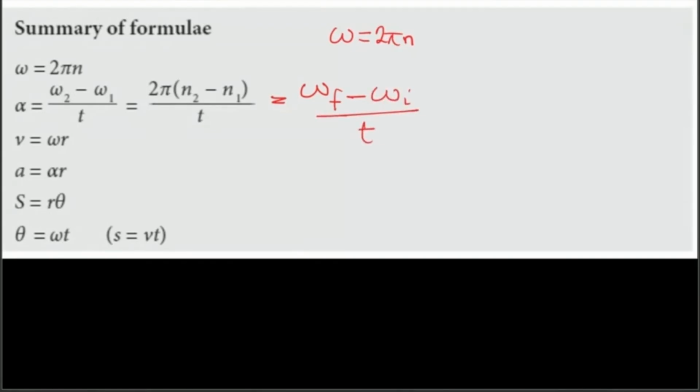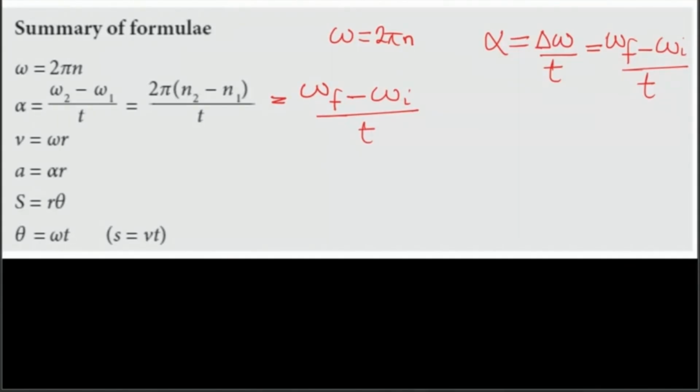This comes from the fact that angular acceleration is the rate of change of angular velocity, or change in angular velocity per unit time. When we are talking about change, we have to subtract the initial from the final, divided by time. Of course, the time t has to be in seconds.